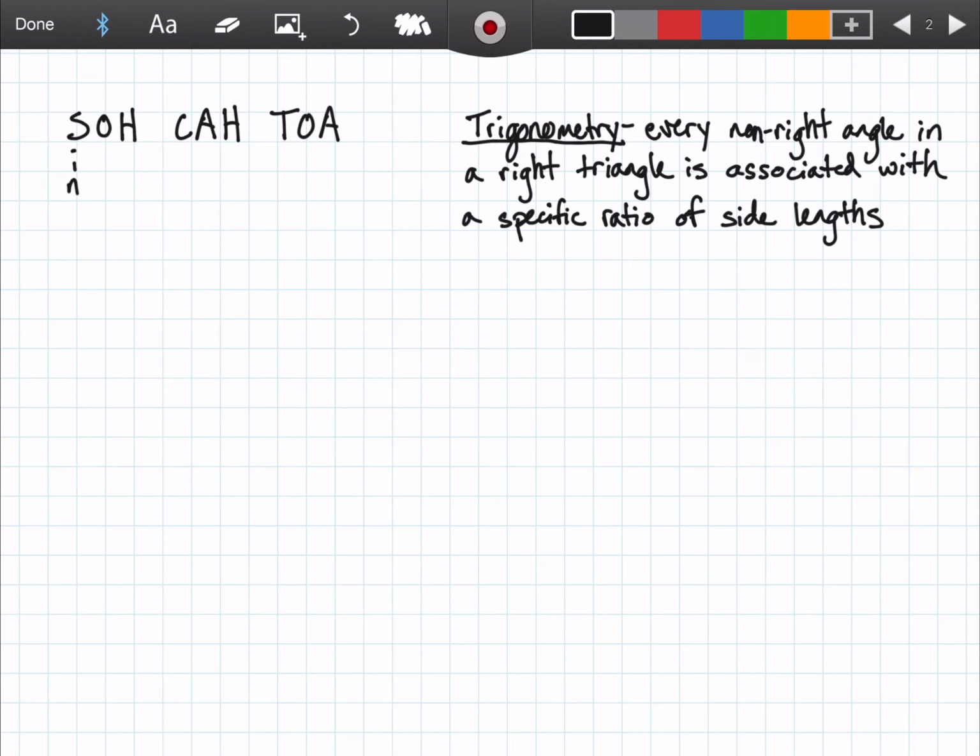We have sine, cosine, and tangent. So if you remember, sine was opposite over hypotenuse.